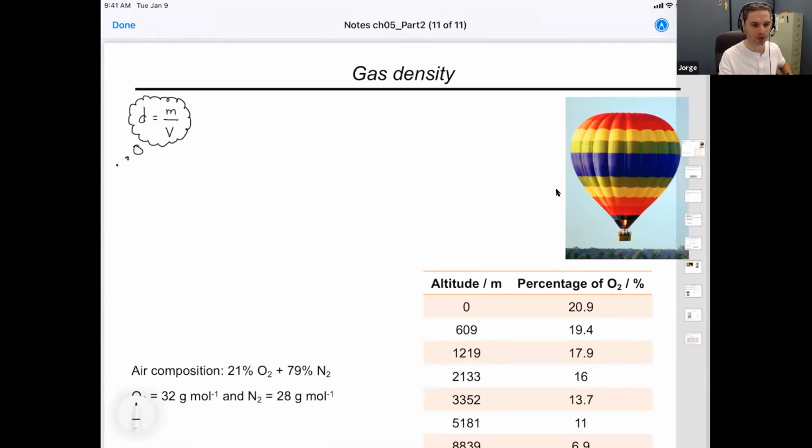Here we are going to deal with the ideal gas. Therefore, we can use the ideal gas equation that states that pressure times volume equals the number of moles times the universal gas constant times temperature.